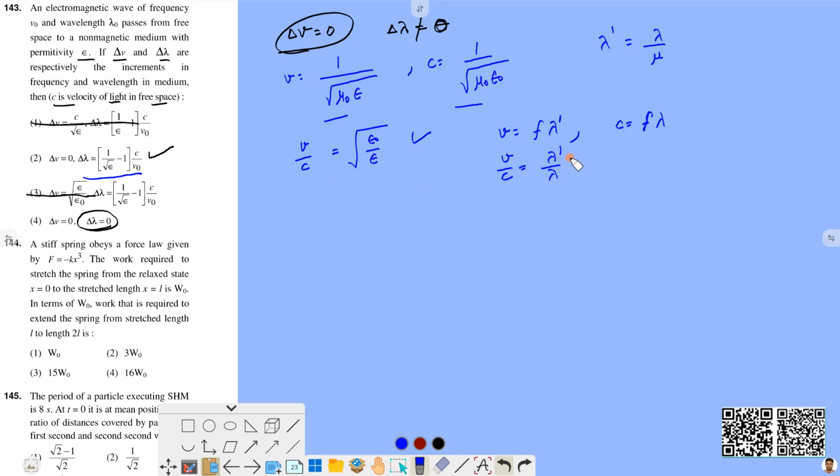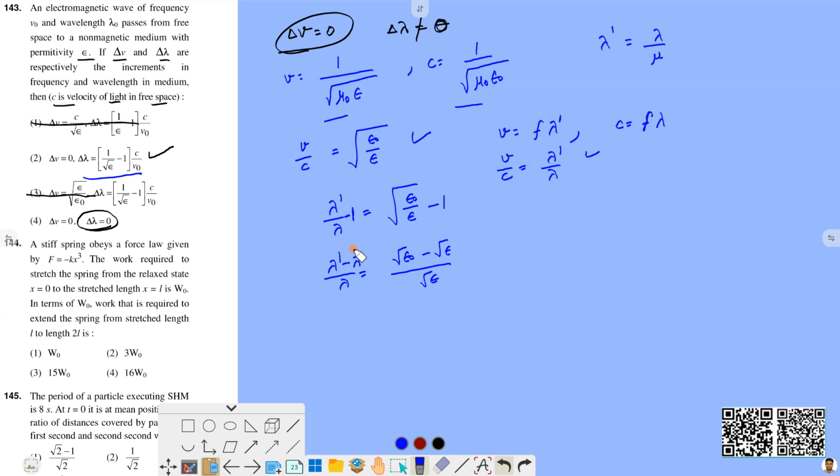Now equating both of these, we will get lambda dash by lambda is equal to under root epsilon naught by epsilon. Now we have to find out delta lambda. So delta lambda, how we can calculate? We can calculate it by subtracting 1 from both sides. So from this we will get lambda dash minus lambda by lambda is equal to, we can write, under root epsilon naught minus under root epsilon by under root epsilon.